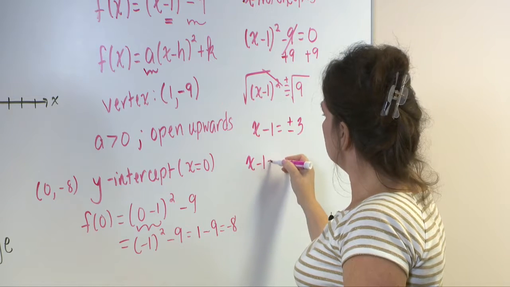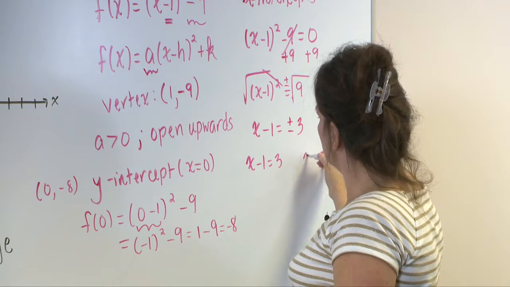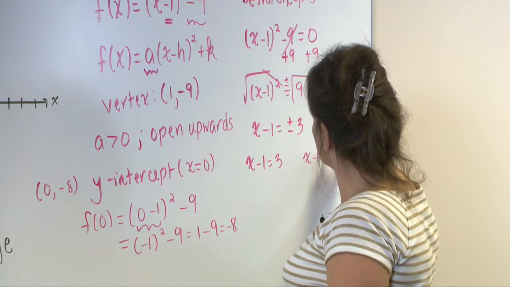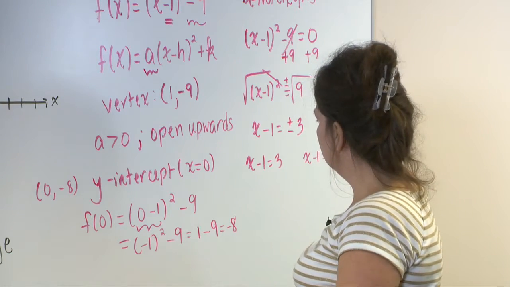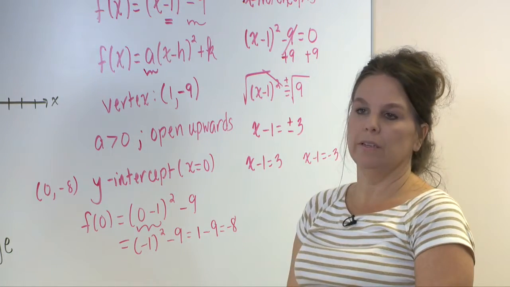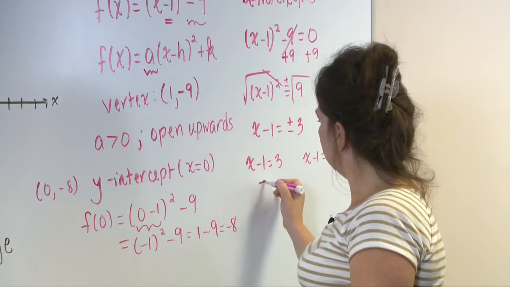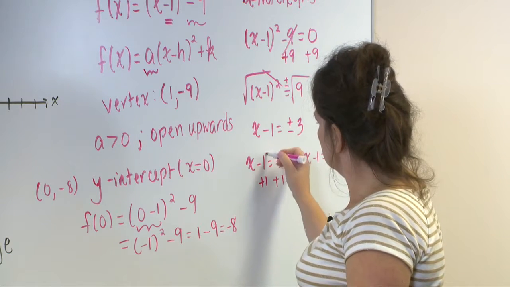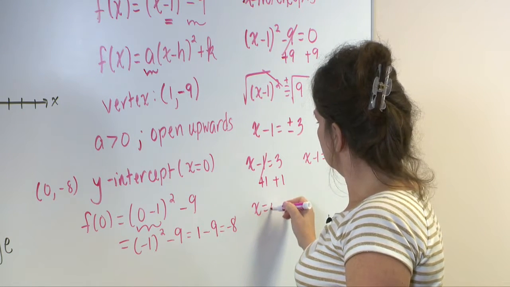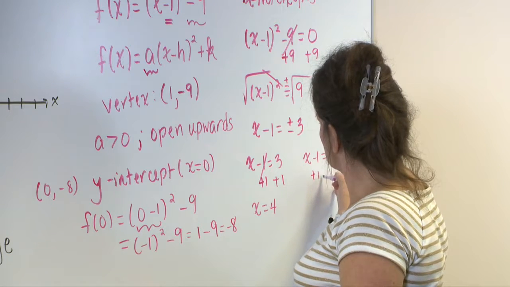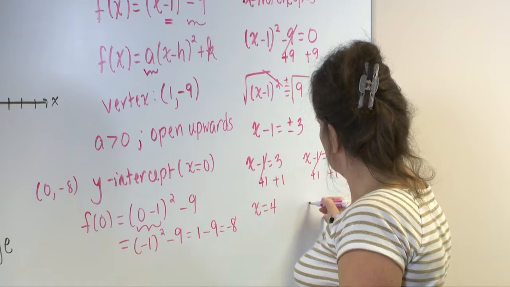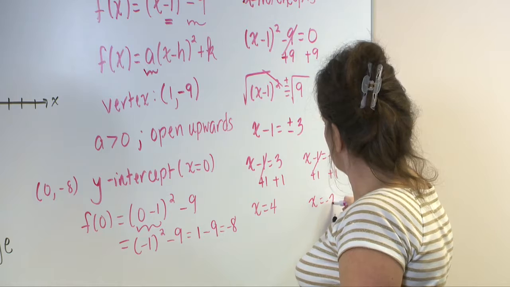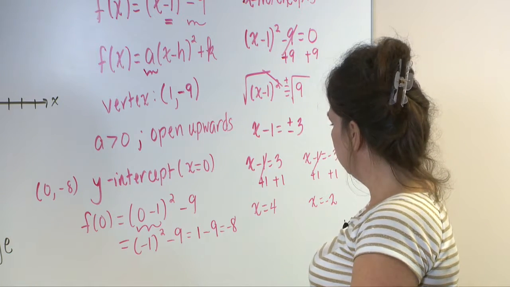I have x minus 1 is equal to 3, and I have x minus 1 is equal to negative 3. Solving each for x by adding 1, I find that x is equal to 4 for the first one, and x is equal to negative 2 for the second one.